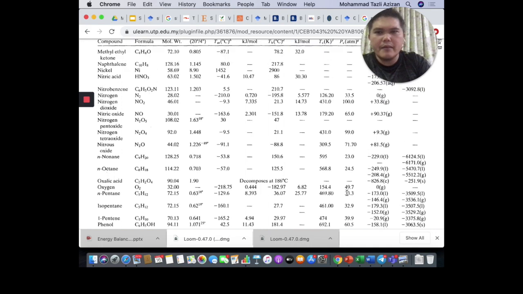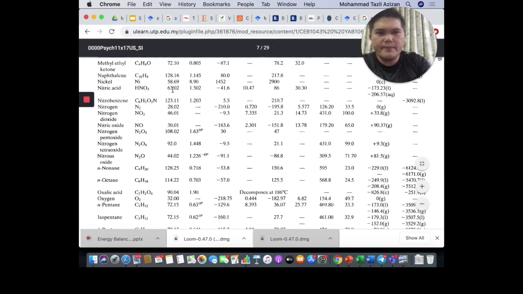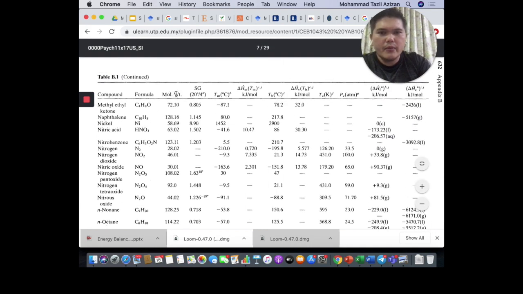In this particular table, you are given the formula, the molecular weight, the specific gravity, the melting temperature, the latent heat of melting, the boiling temperature, the latent heat of vaporization, the critical temperature, the critical pressure, as well as the heat of formation.